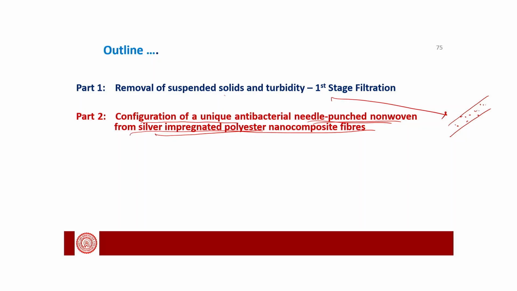Needle punch fabric itself, without this nanomaterial, removes the suspended solids and turbidity by physical means, but with the help of the nanoparticles it is activated for higher antibacterial activity.